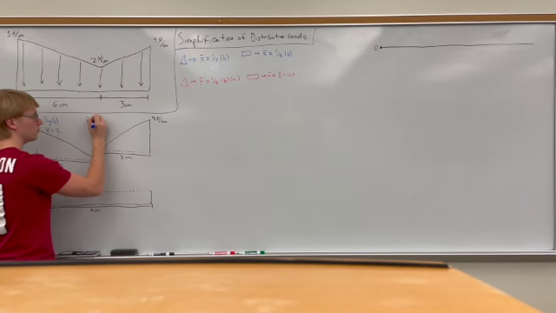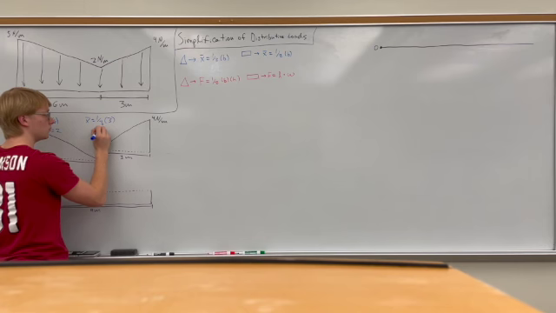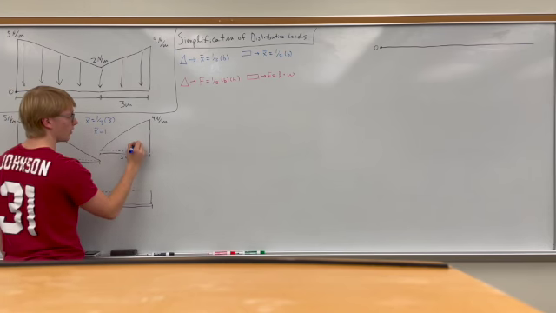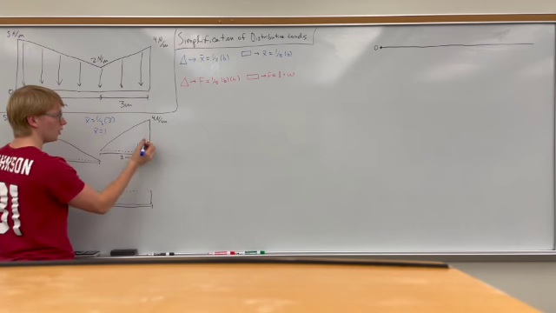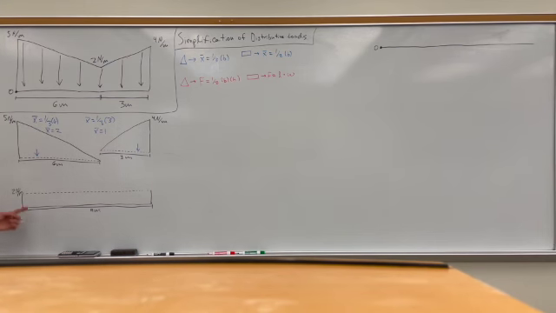This is a triangle. 1/3 of 3 is 1. So it's going to be about right here, 1 meter from the tall edge. And for our rectangle, the distance is just going to be right in the middle of the base. Right here, right in the middle.